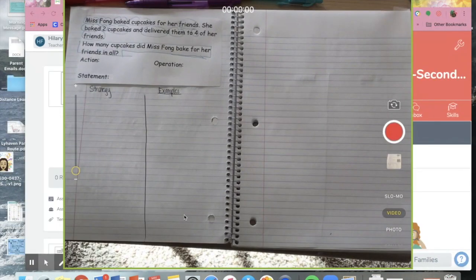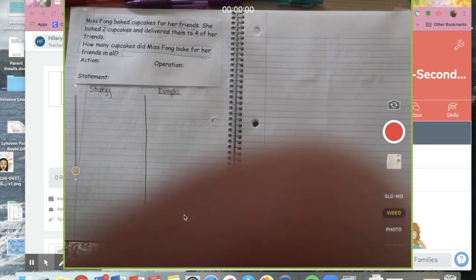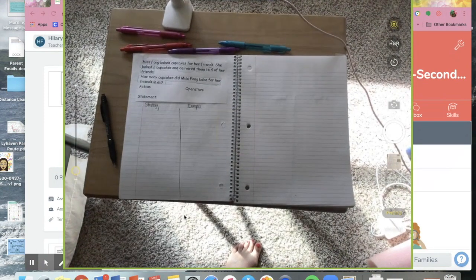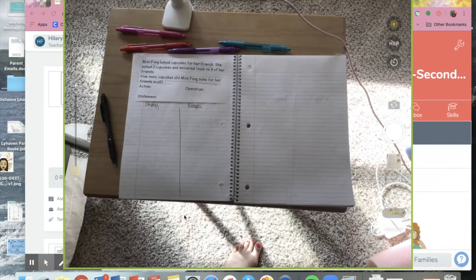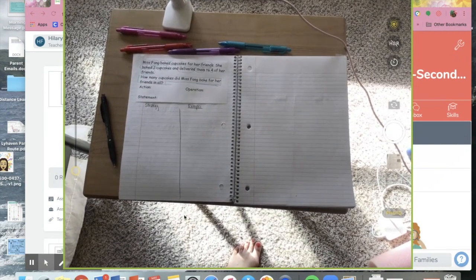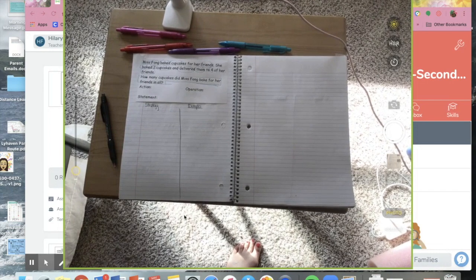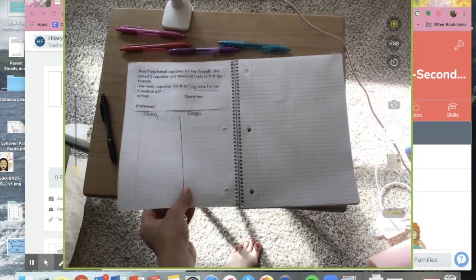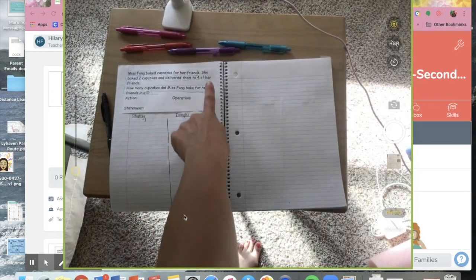Okay, my friends, so here is my math journal, and let me just move that. Hopefully you can see. So I have the word problem in my math journal. Remember, this is my math journal. And then I have a word problem right here.